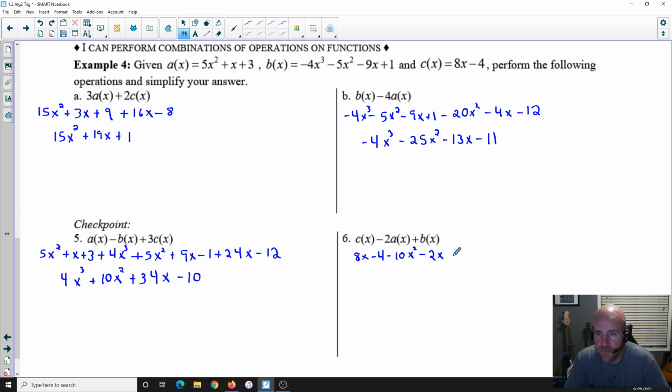And -2 times 3, -6. And now I can write b. So b is -4x cubed minus 5x squared minus 9x plus 1.